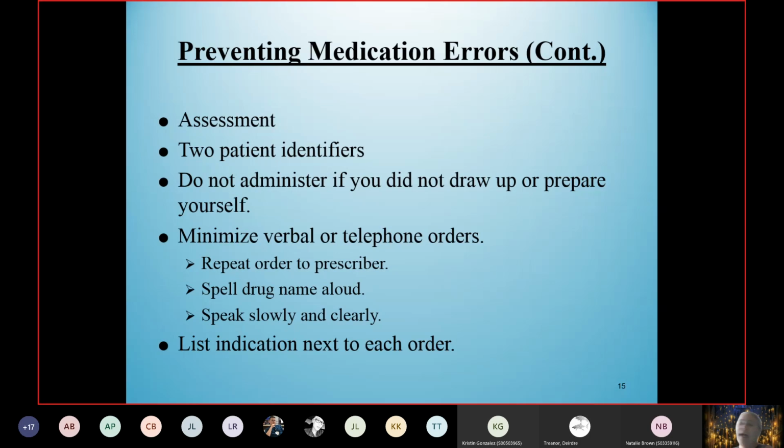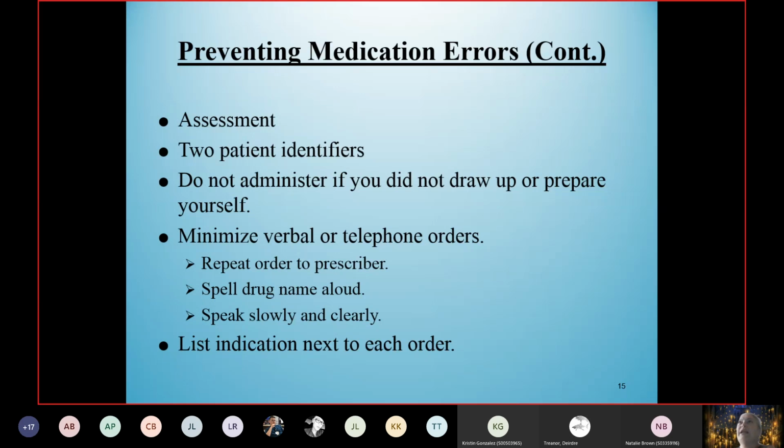And he says, yeah, sure, give acetaminophen 1,000 milligrams every 6 hours PRN. And so you're going to say, okay, so that's acetaminophen 1,000 milligrams every 6 hours PRN. You're going to repeat it right back to clarify, just to be sure. If you need to, you can spell the drug name aloud.